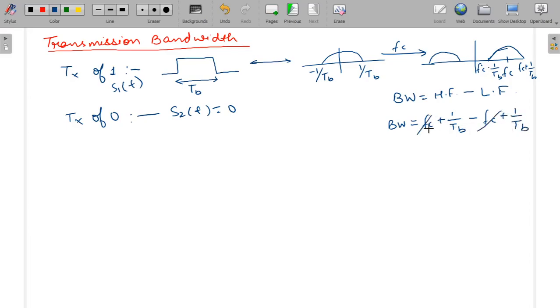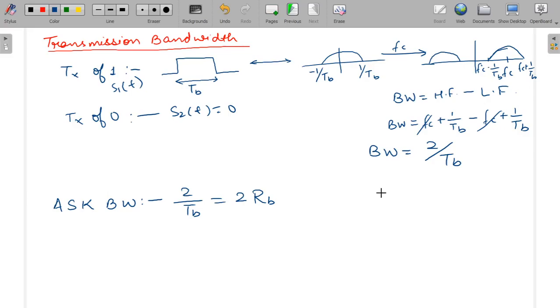The fc and fc will get cancelled and we get bandwidth equal to 2 by Tb. So the bandwidth of ASK is equal to 2 by Tb, and 1 by Tb is equal to Rb, so that is equal to 2 Rb, where Rb is the bit rate.